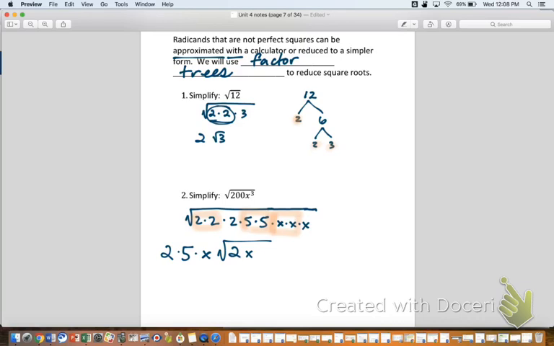Okay? What do you think? Any questions? Now, 2 times 5 is 10, so it'd be 10x times the square root of 2x. But obviously you guys can do 2 times 5. I just want to make sure you understood the radical part.